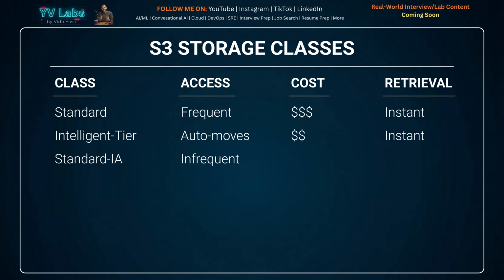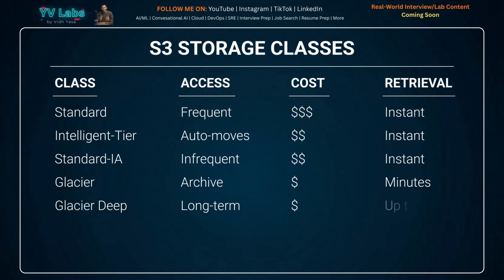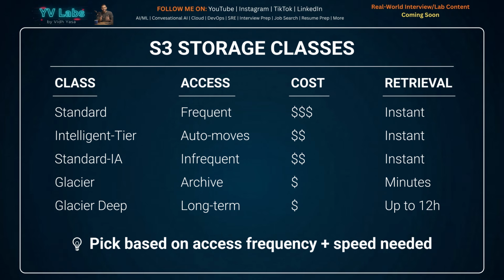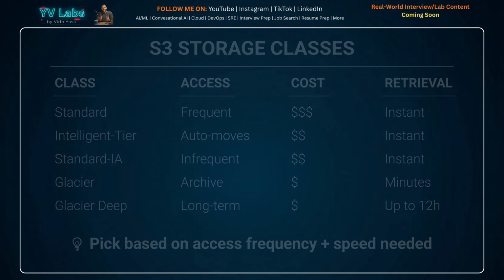S3 Standard-IA is for infrequent access data, cheaper storage, but retrieval costs. S3 Glacier is for archival, really cheap storage, but retrieval takes minutes to hours. And S3 Glacier Deep Archive is for long-term archiving. Cheapest storage, but retrieval can take up to 12 hours. So you pick based on how often you need to access the data and how quickly you need it.